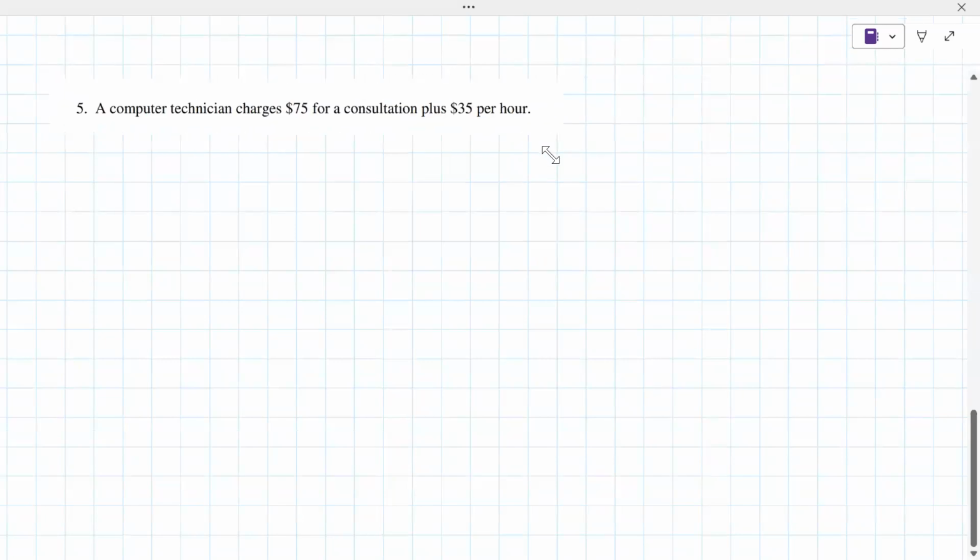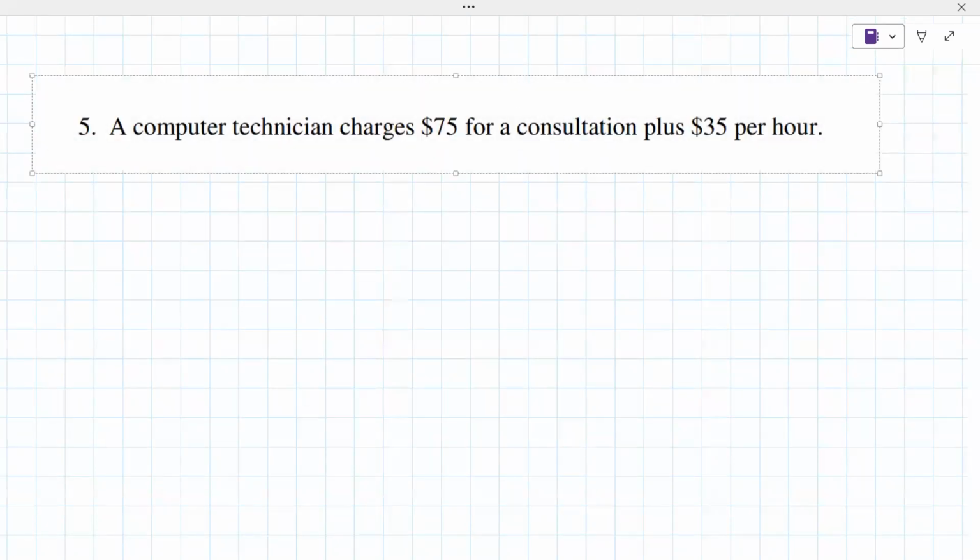I want you to write the equation for this linear model, please. So then it'd be 35H plus 75. Okay, so I heard 75 plus 35H.